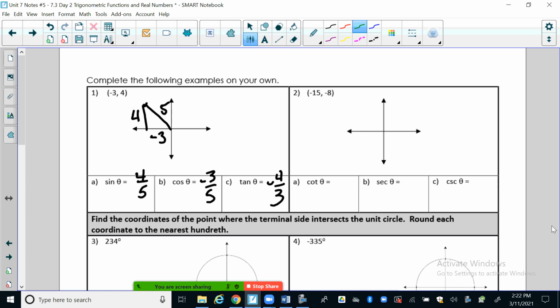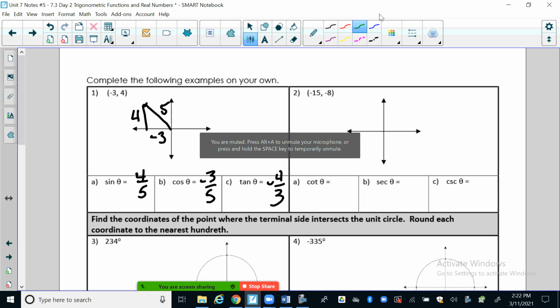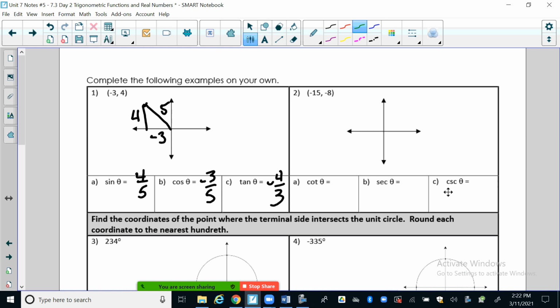All right, take a look at number 1. I'll pause for a second to show number 2 in case you're still working. Any questions on number 1?